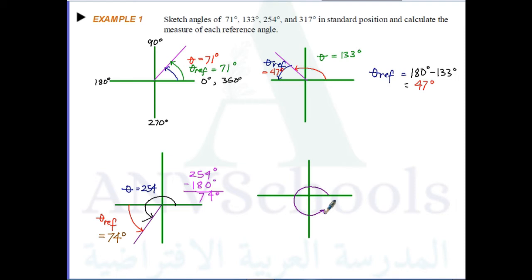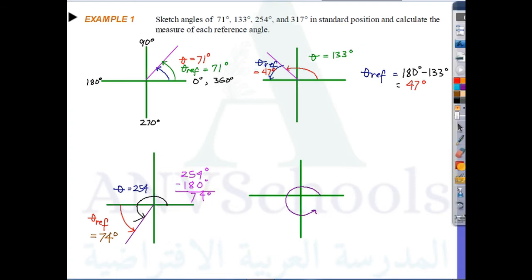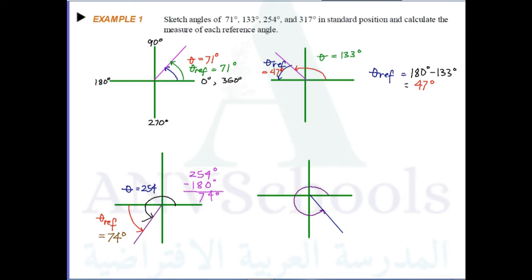So this is 317 degrees. So let's sketch that. It would be here. So our theta here is this, okay? Theta is equal to 317 degrees, and our theta ref would be this angle here.